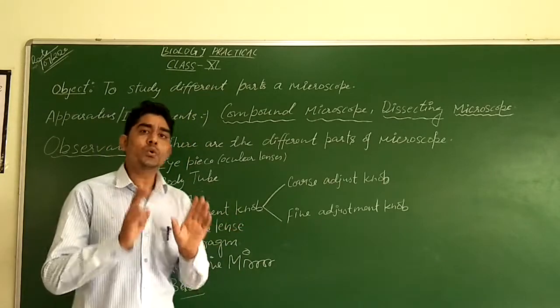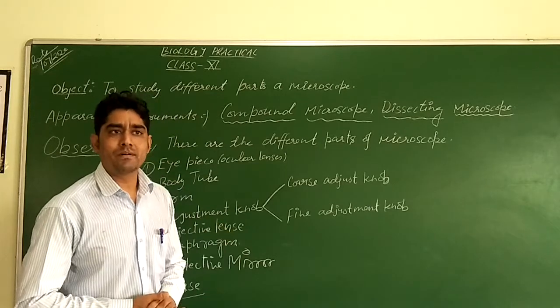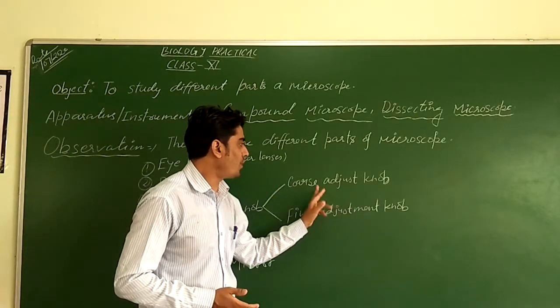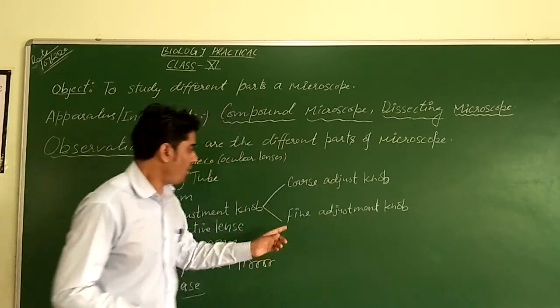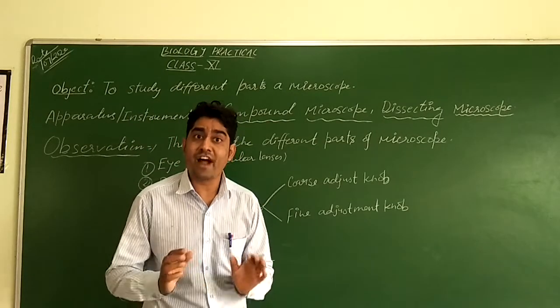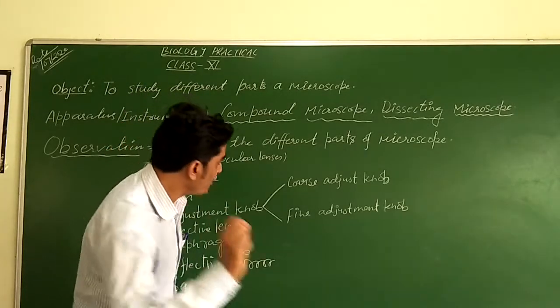There are two types of adjustment knob present in a microscope. First is the coarse adjustment knob, and the second is the fine adjustment knob.